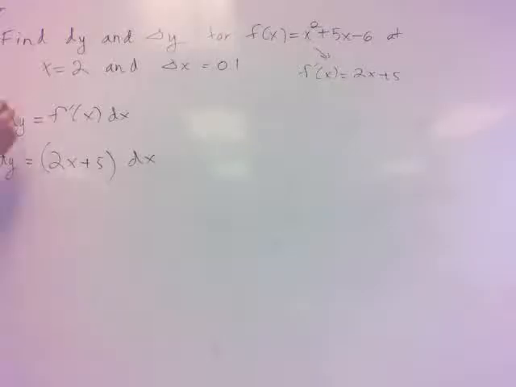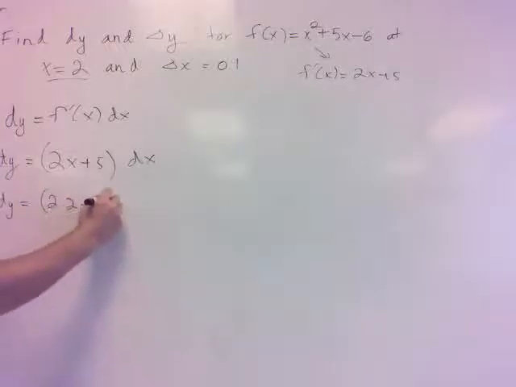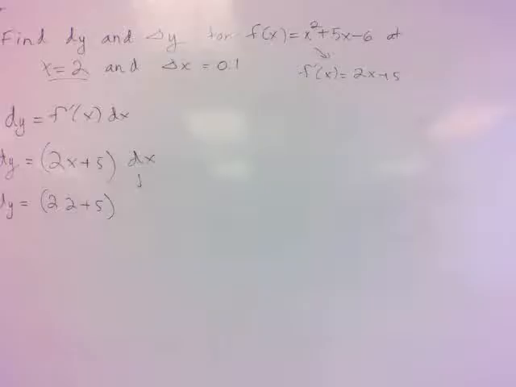I have an x value. So they do want you to compute a number here. It would be 2 times 2 plus 5. And we actually do have a value of dx, even though it's not specifically stated. What is dx?